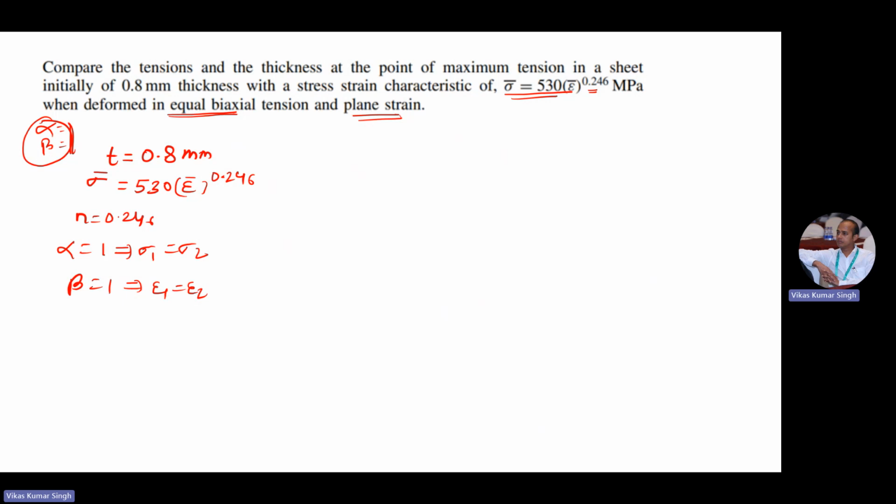In the biaxial case, it is given at the point of maximum tension. If you have seen the derivation, at the point of maximum tension the strain is denoted by epsilon 1 star, and it was related with n by 1 plus beta.